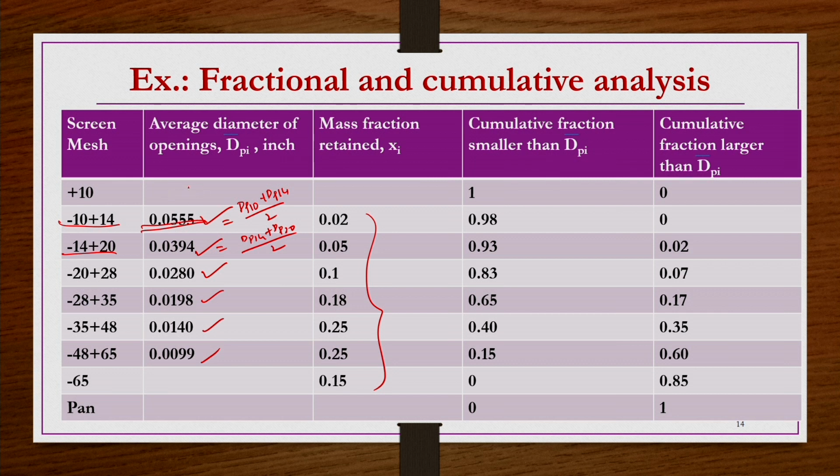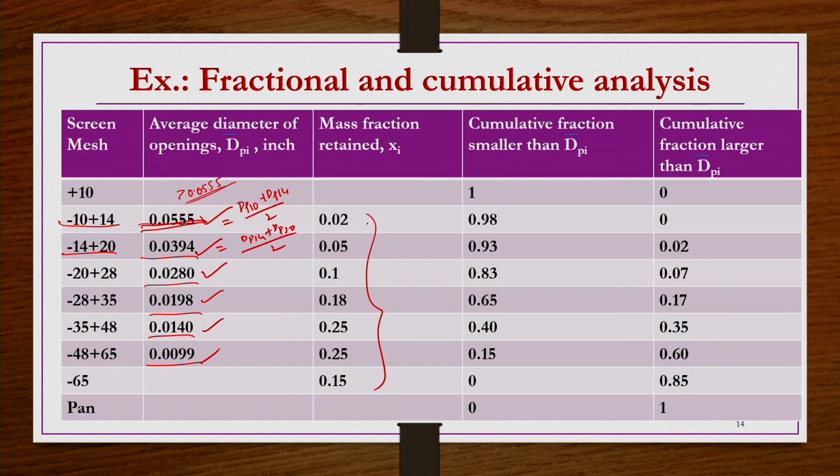So, now the first one: what is the cumulative fraction smaller than dpi? Actually this size would be more than 0.055. So, what is the fraction of material that is smaller than 0.055? All these fractions; all these things are smaller sizes.